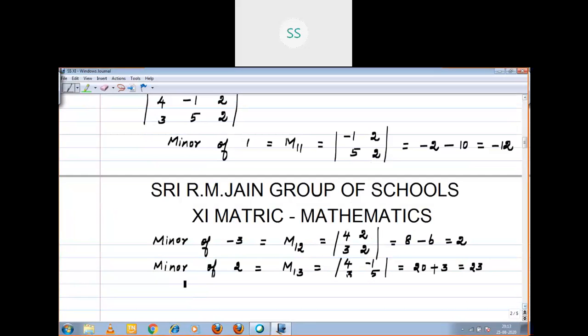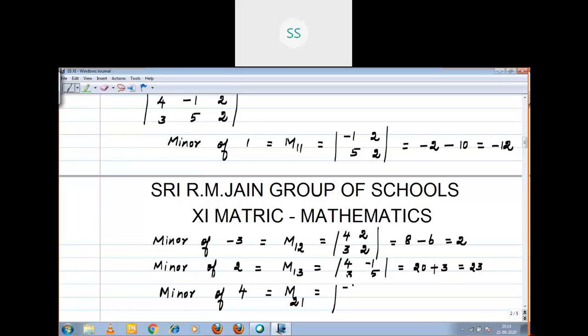The same way we are going to move to the next. Minor of 4, which is equal to, where is it located? Second row, first column. That means second row and first column should be deleted. What should be the rest?